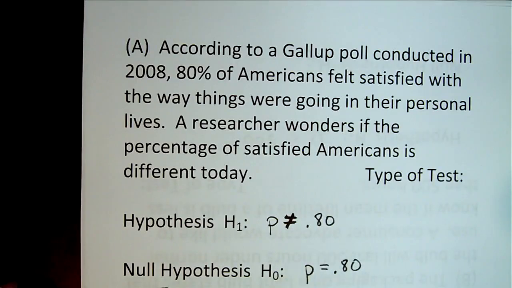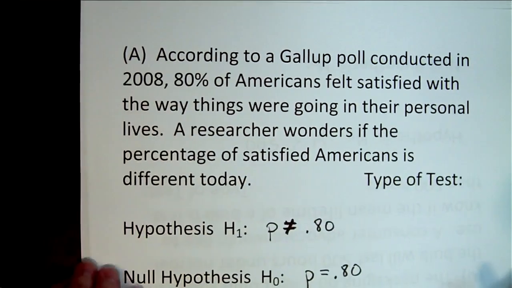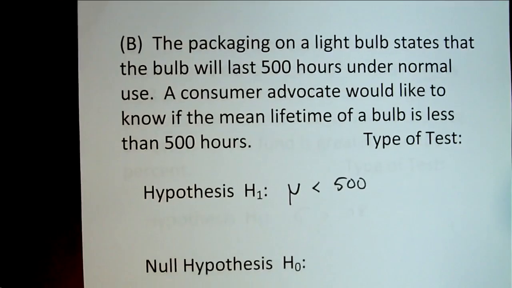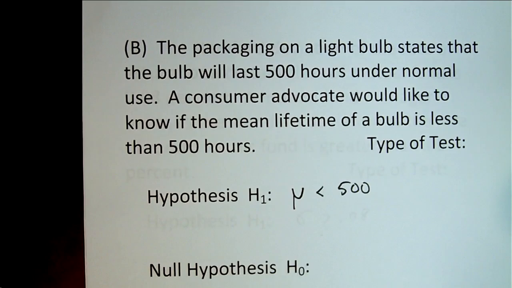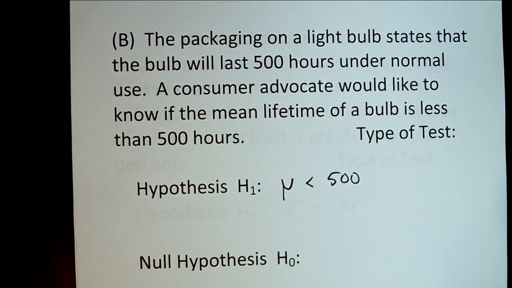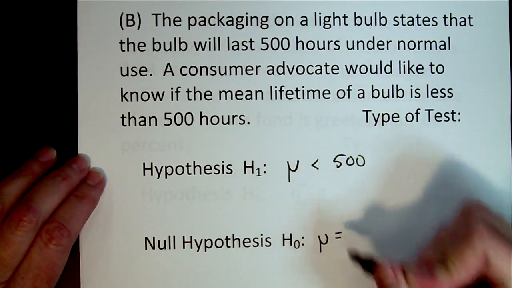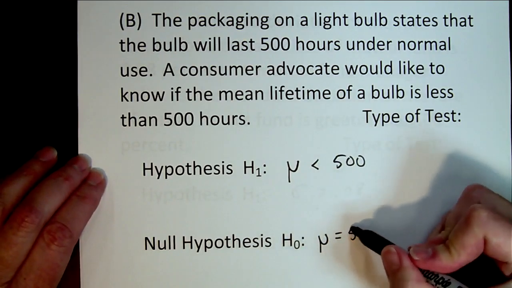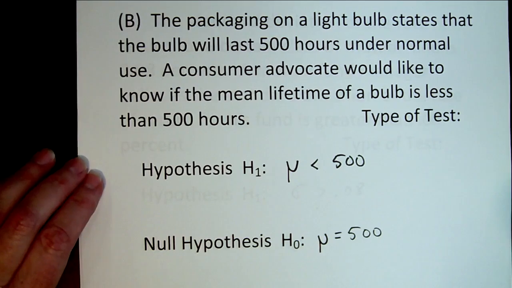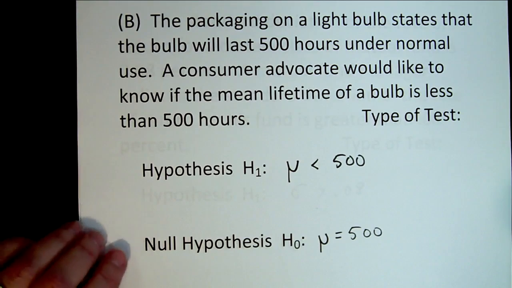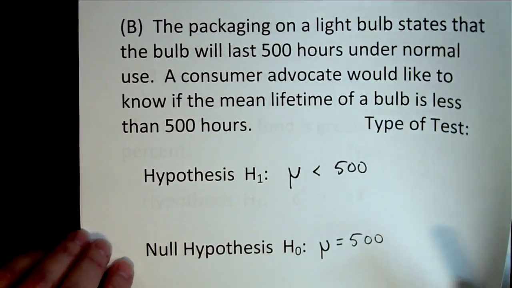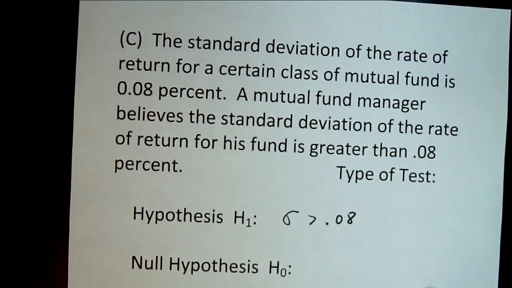But the meaning of that equation will be that there's no change from the previous number, or in the next example, where the packaging on the light bulb states that the bulb will last 500 hours, the null hypothesis is going to be the claim that, yes, there's no difference between the actual mean and what the packaging states. So the null hypothesis is that mu is actually equal to 500. Notice the null hypothesis has an equal sign in it.